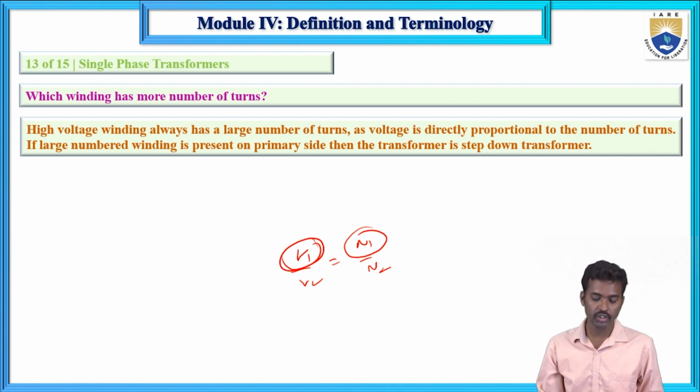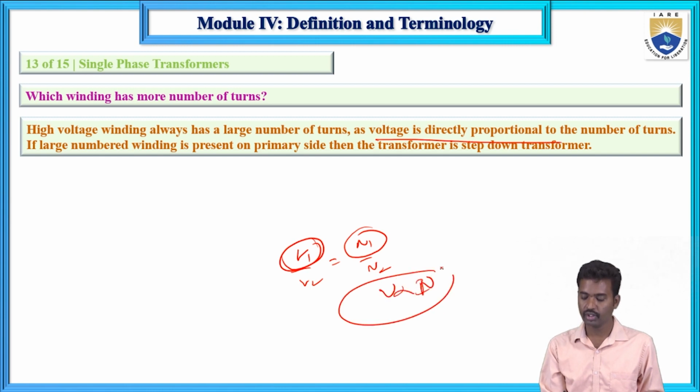If it is a low voltage winding, it has fewer turns. If it is a high voltage winding, it has a large number of turns. Voltage is directly proportional to the number of turns. If a large number of turns is present on the primary side, that is step down. If fewer turns are present on the primary side, that is a step up transformer.